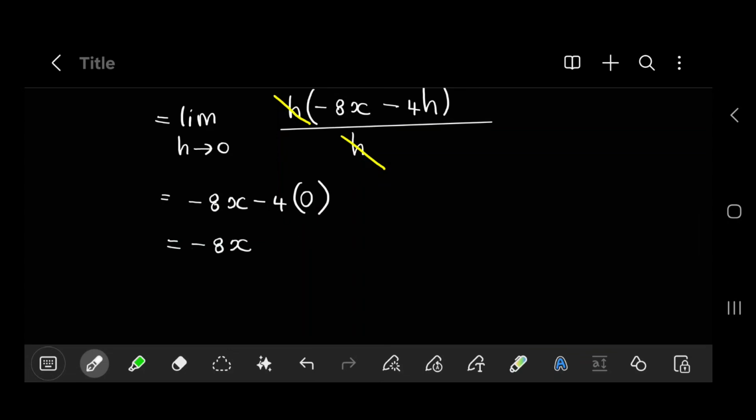Our second term becomes 0, so we don't need to show that. So this is our final answer. Therefore, f prime x is negative 8x, meaning that we have differentiated from first principles, and this is our derivative. So this is the answer.